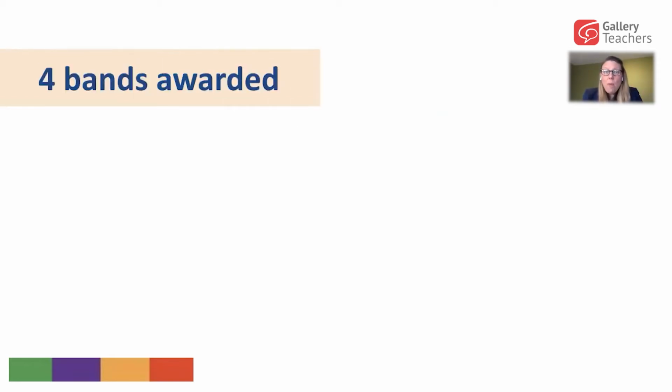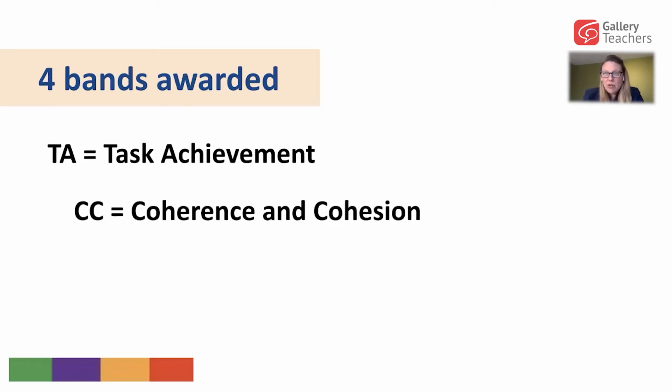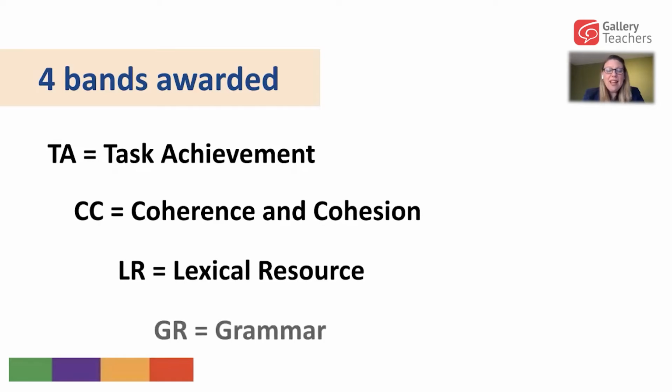So there are 4 bands which are awarded to the candidates for their answer. They are Task Achievement, TA, Coherence and Cohesion, CC, Lexical Resource, LR, and Grammar, GR. Now, don't worry if these are very new to you because we're going to be having a look at what these mean in a little more detail towards the end of our session.